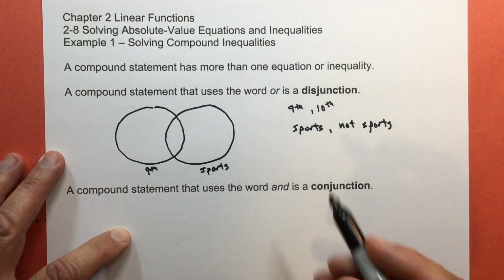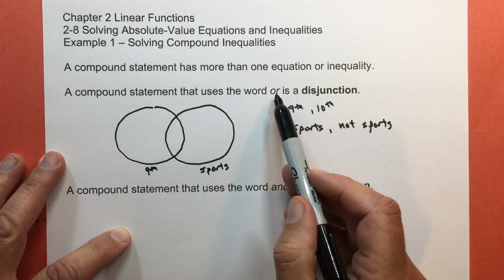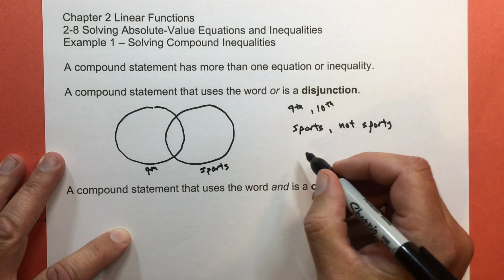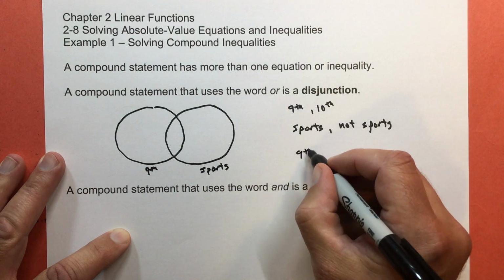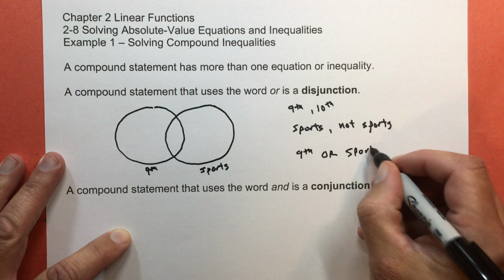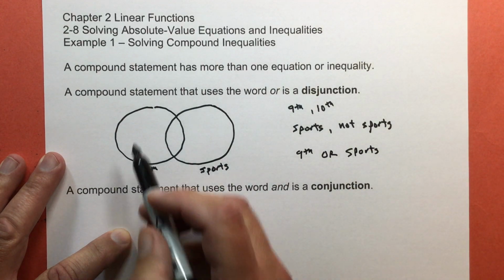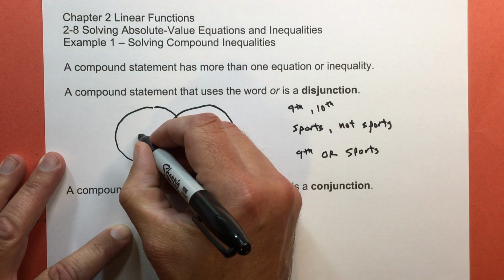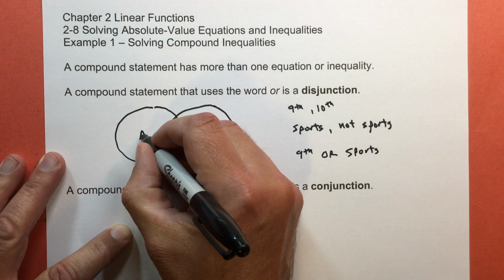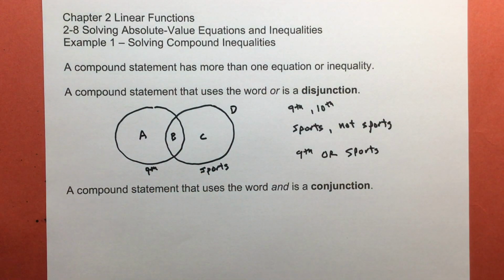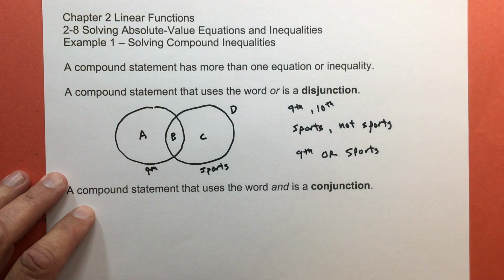So if I say the word or, if I said, all right, now I want you to raise your hand, or call out, whatever it is, if you are 9th grade or you play sports, and I'm just going to label these. So I'm going to label this Group A, Group B, Group C, and Group D. So remember, it's easier if I do it that way.